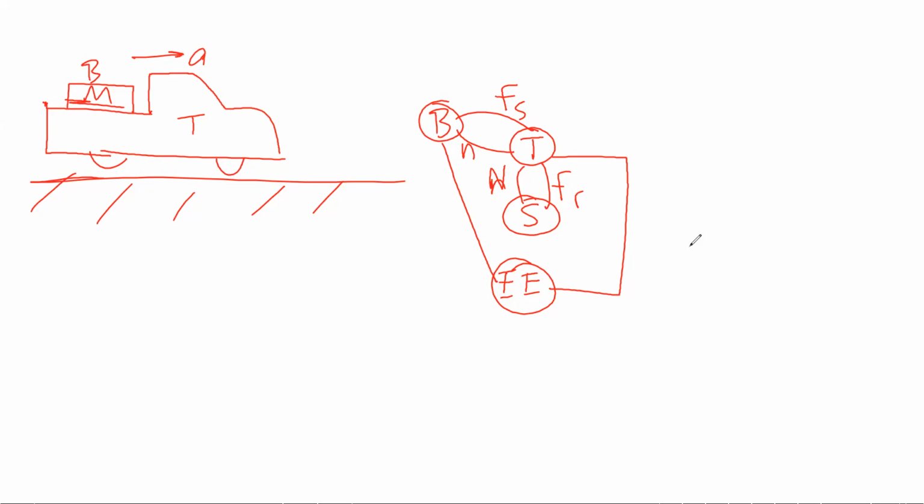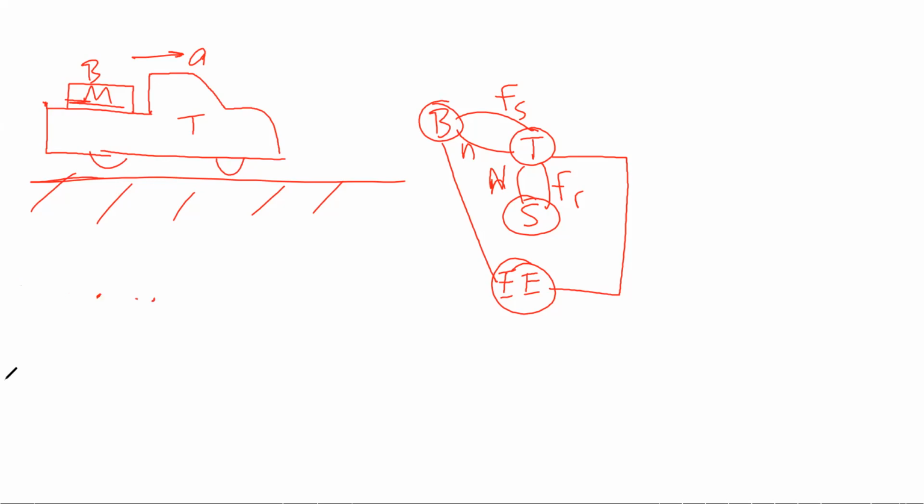Anything in the bed of a truck moves along with the truck precisely because of static friction. If there was no friction between the box and the truck, what would happen? As the truck accelerated, the person in the bed of the truck would see the box move backwards.